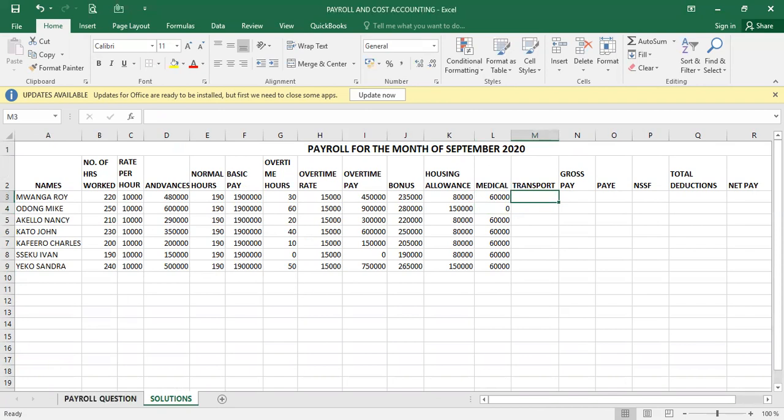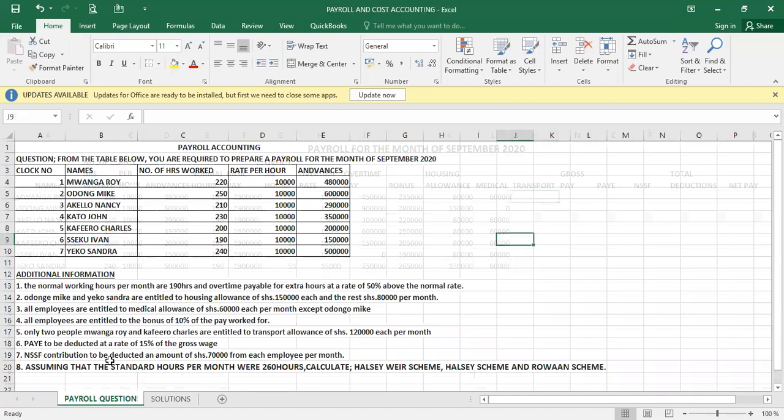So we go to transport. Transport allowance, they said only Kafeo Chaus and Mwanga Loy are entitled to a transport allowance of 120,000.